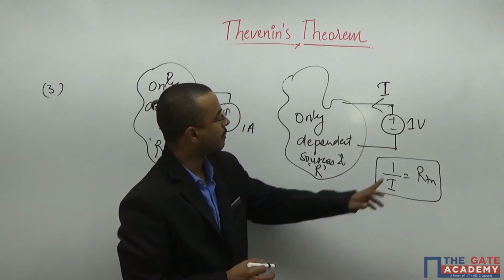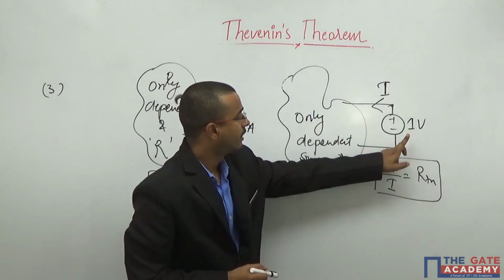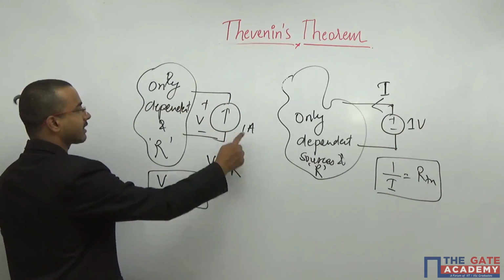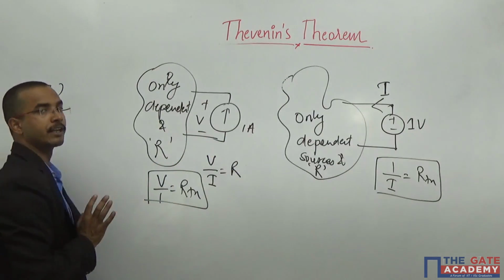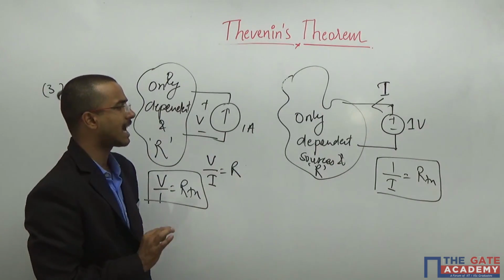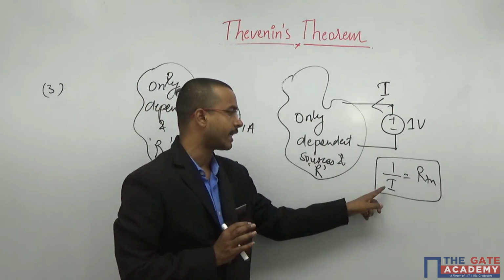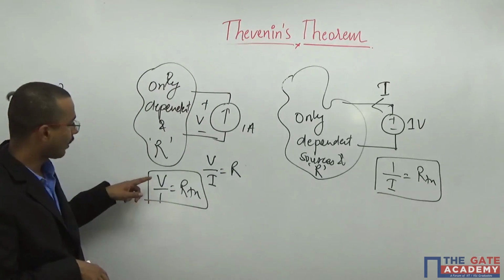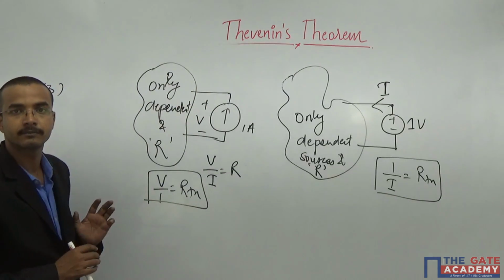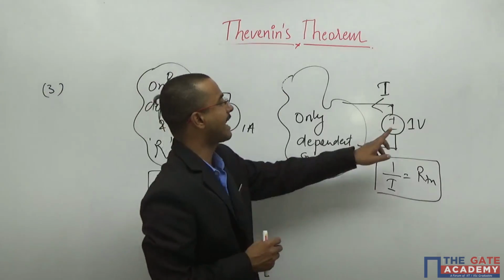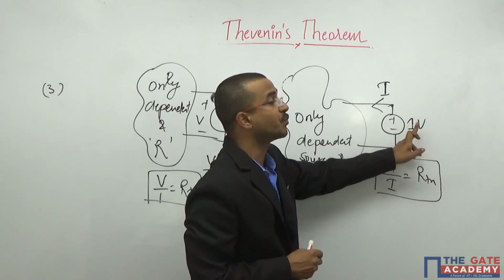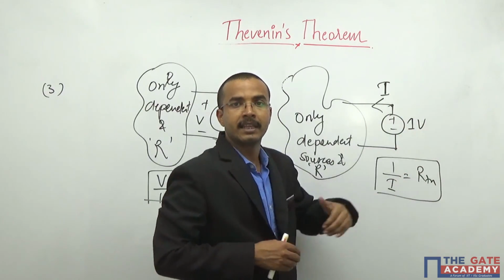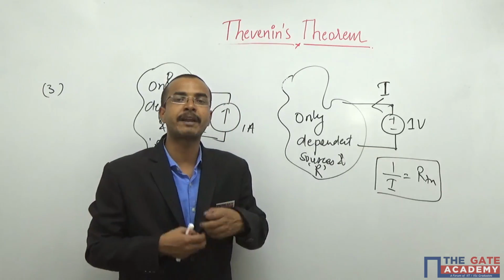Whenever I apply the battery, I will measure the current. Here I will apply the current source and I will measure the voltage. All the time I am not interested in the value of I. I am interested in the ratio of 1 by I, and here the ratio of V by 1. Instead of this battery you can assume that the voltage V you are applying is producing the current I, but the numbers are very easy compared with variables.